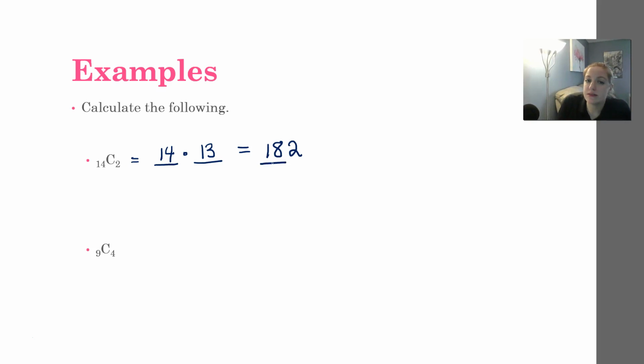So what we need to do is divide by the size of the group factorial. So make sure you've watched that video on factorials as well, but just as a reminder, factorials are that count down. So 2 factorial, you're just counting down to 1. So 2 times 1 would be 2 factorial, which is not very exciting because it's just 2.